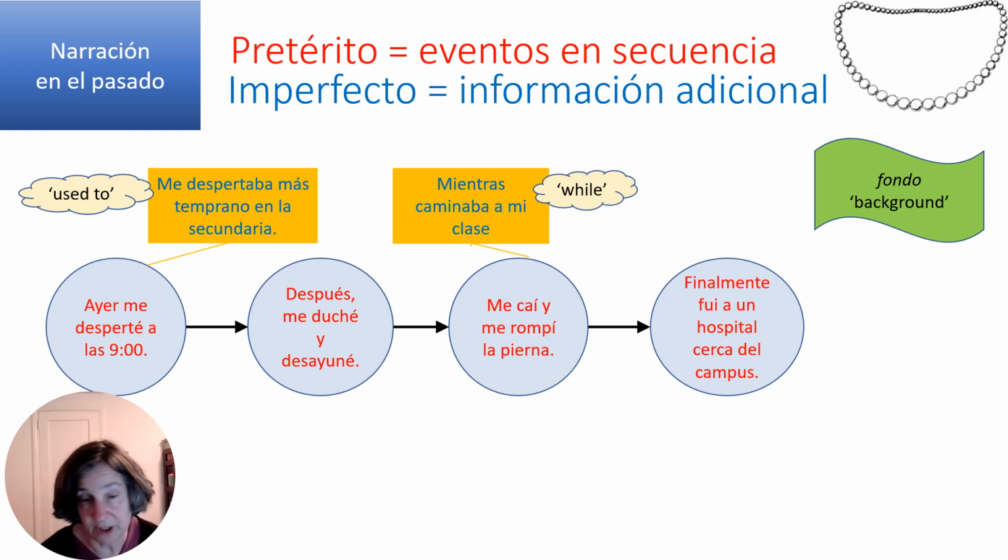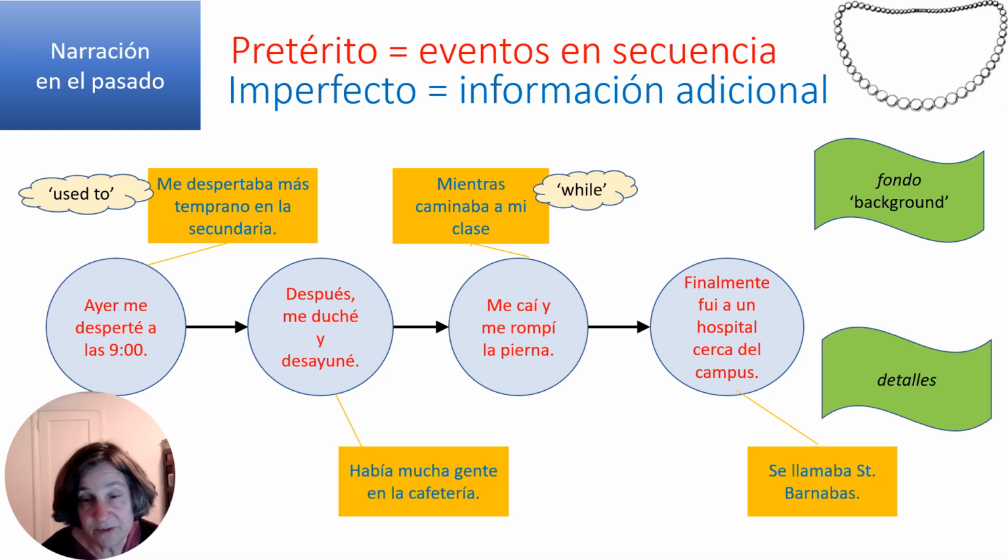That would work also. Another type of additional information is descriptions. So when I went to breakfast, I could mention that había mucha gente en la cafetería, that there were a lot of people in the cafeteria, that it was crowded. So again, that's not an event. It's not one of our events in sequence that make up our story.